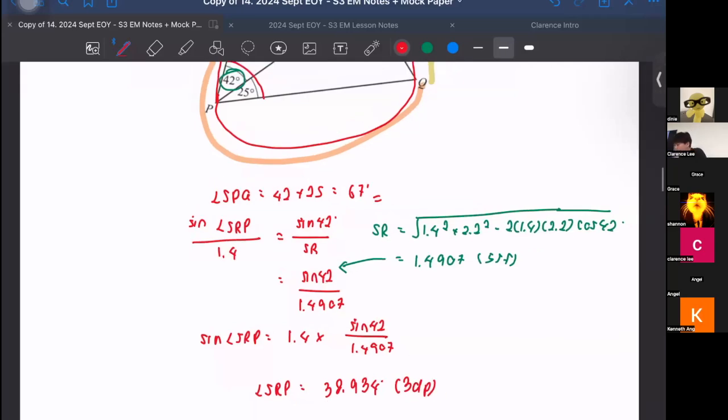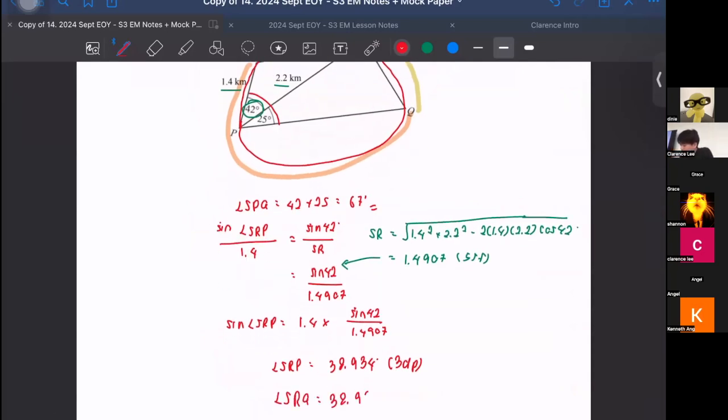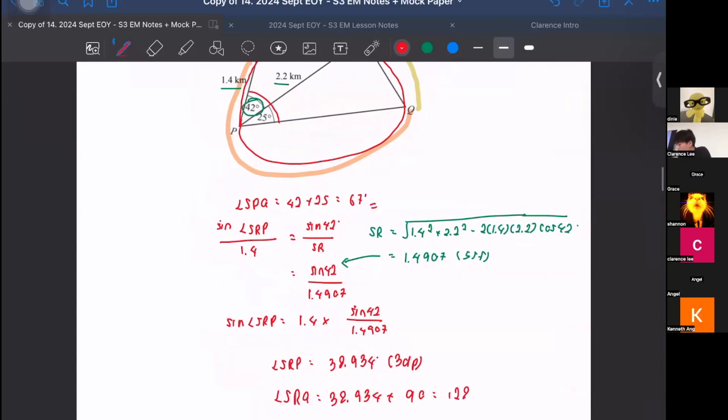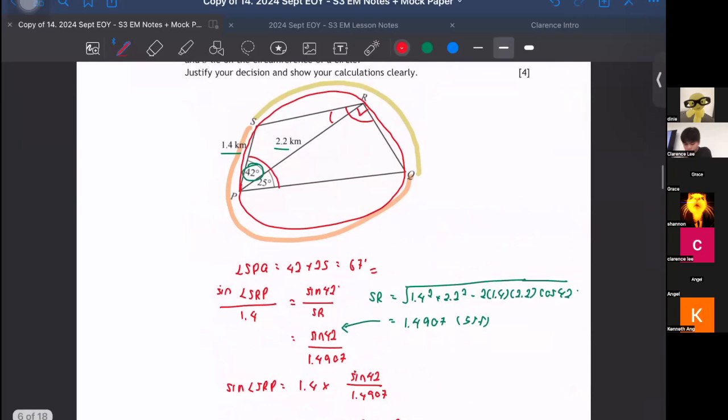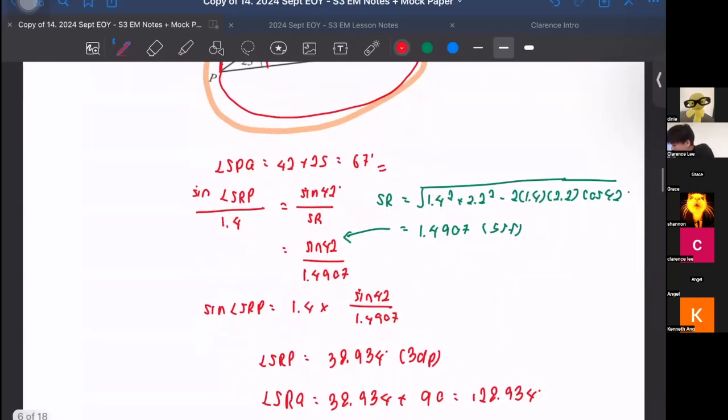Once I get SRP, you are then able to find angle SRQ by taking 38.934 plus 90 degrees, which gives me 128.934 degrees. So from here, you have SRQ and you have SPQ.